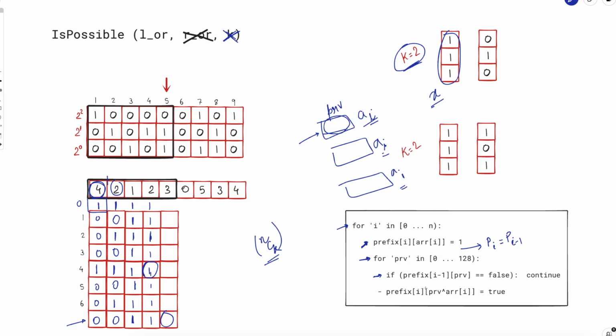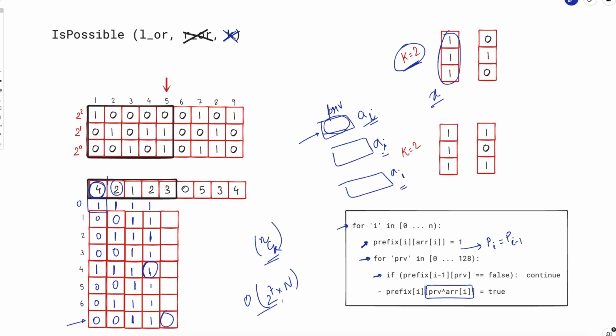So you simply OR it with array of I, and that will now also be feasible. It may or may not have been feasible before, but now it is feasible, right? Once you have done this for all the indexes, this will take you order 2 power 7 multiplied by n.